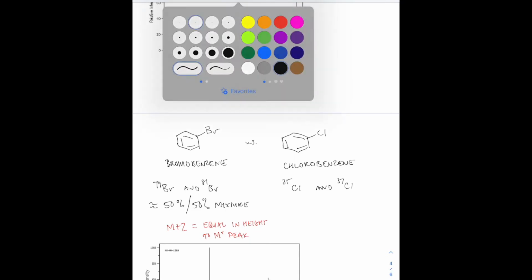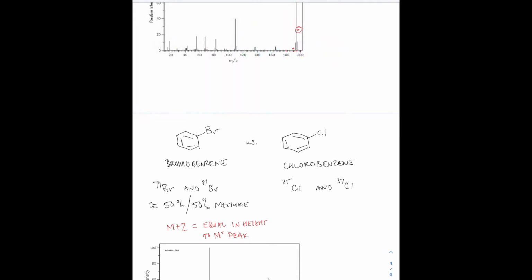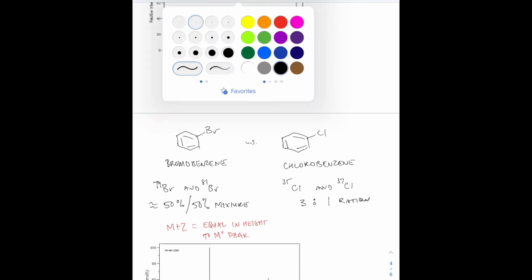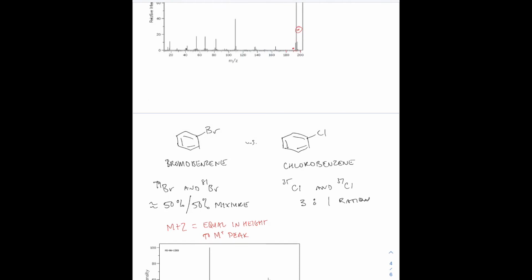So for chlorine, it's a little bit different. It's actually going to be a 3-to-1 ratio, for more chlorine-35 than chlorine-37. And so that means that our M+2 peak is going to appear in that ratio as well.